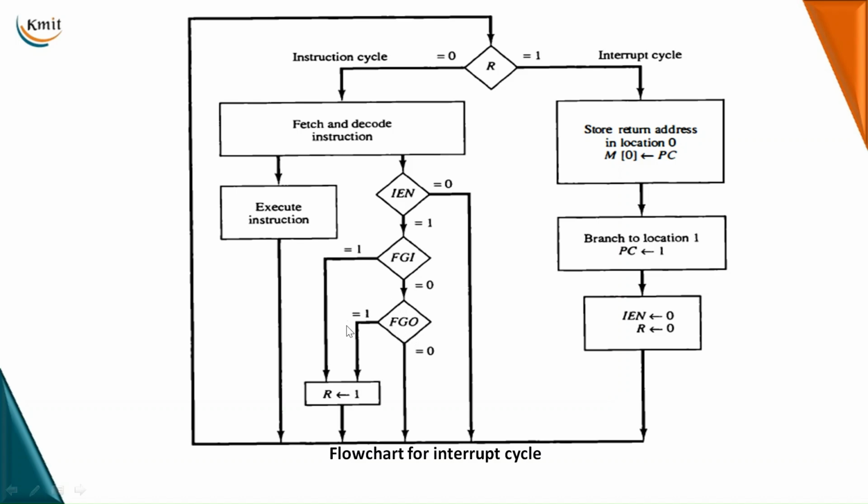If any of the flags is set to 1, then it will set the interrupt flip-flop R to 1, so that the CPU will come to know that there is an interrupt from the input output devices, either the input device or the output device.